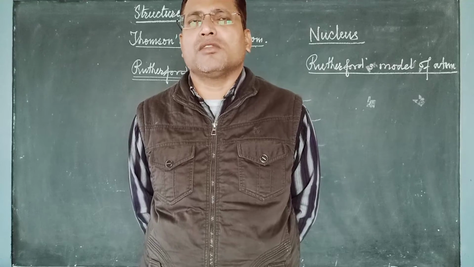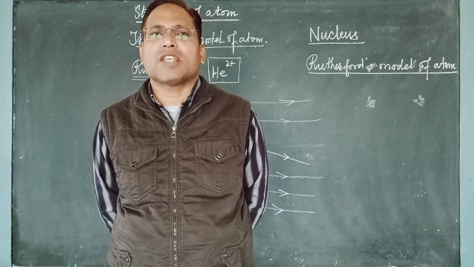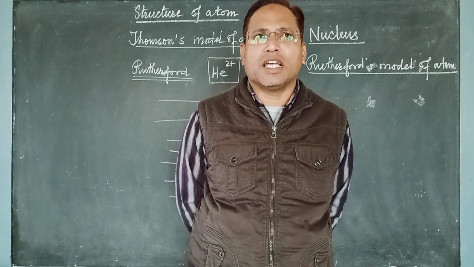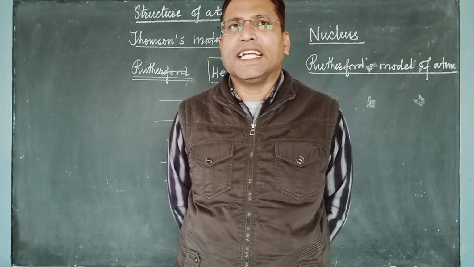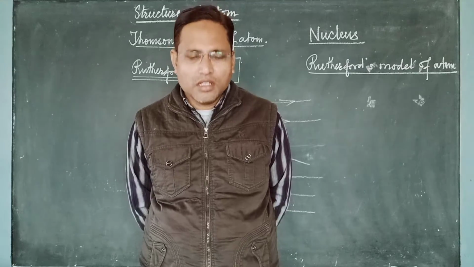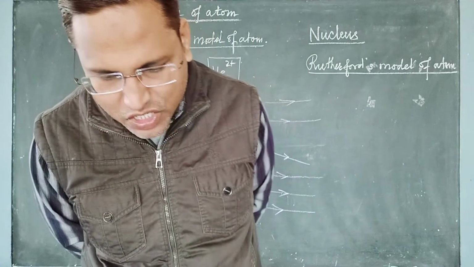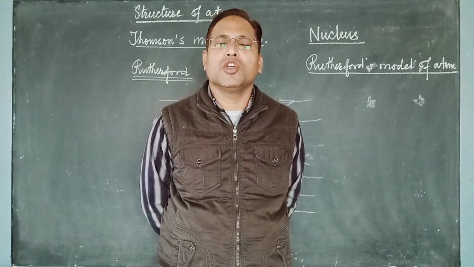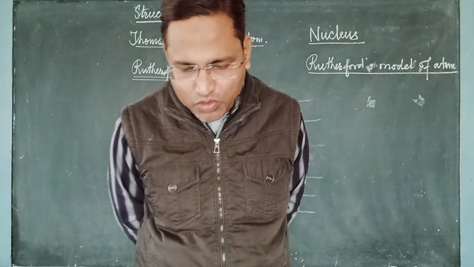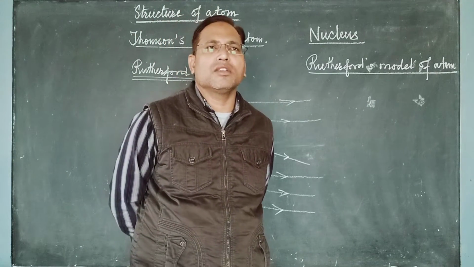most of the atom is empty. Second, he told that the size of the nucleus is very, very small. Third, he told that the nucleus is dense, heavy, positively charged. Next, the electrostatic attraction between the positively charged nucleus and the negatively charged electrons holds the atom together.